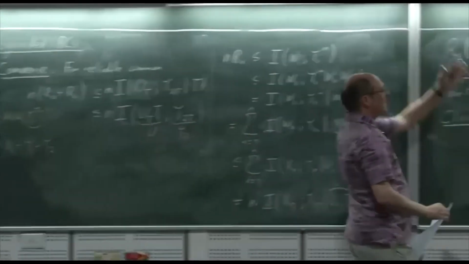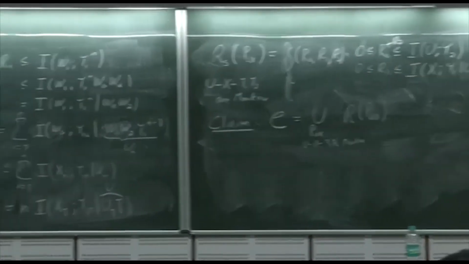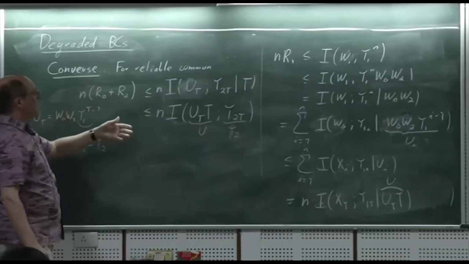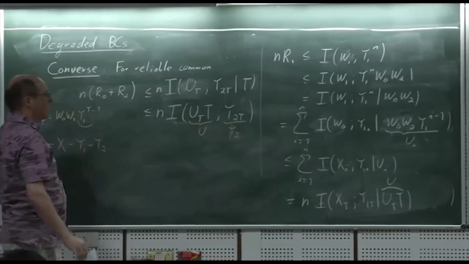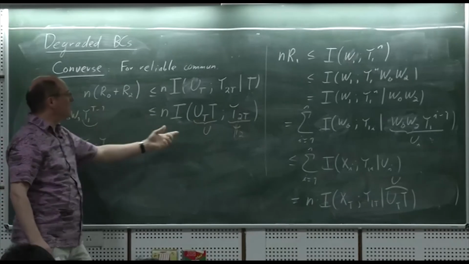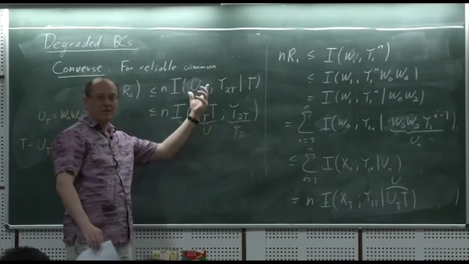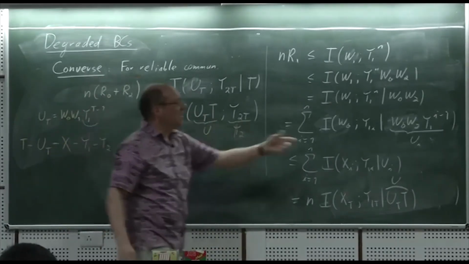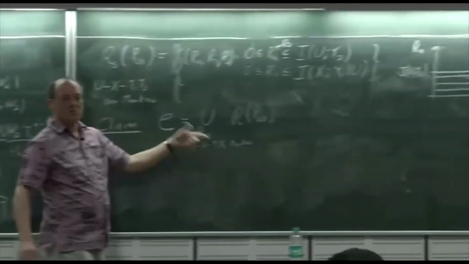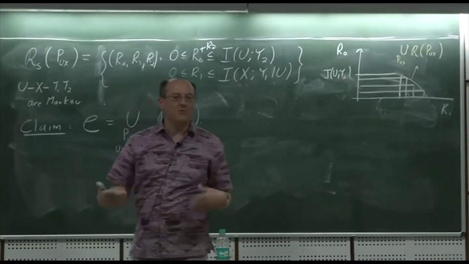So I get this bound. Of course, I can still take the union over all joint distributions of u and x. This here is valid for any given codebook. For any code design, I find some such u, and now I still have to optimize, just like here, over all joint distributions to get the outer bound. Okay, so that's how outer bounds usually work.